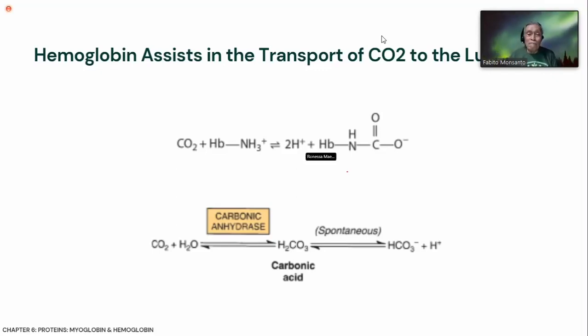As the blood goes into the lungs, part of the carbon dioxide that is formed from the respiring cells is expelled so that the lungs can exhale it. Now, part of the carbon dioxide is in the plasma.